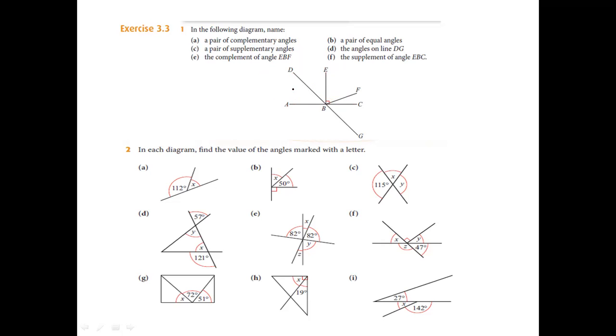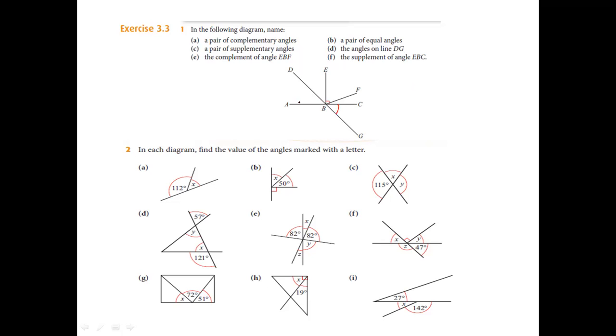Okay, and a pair of equal angles. Which ones are equal angles, or how can I say, vertically opposite angles?